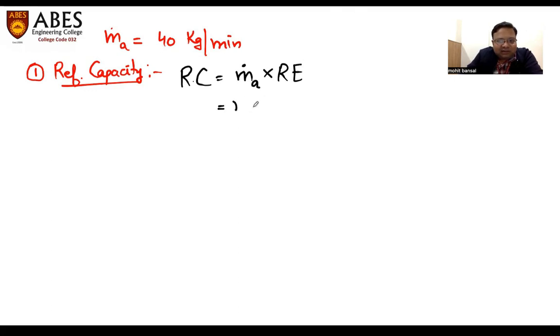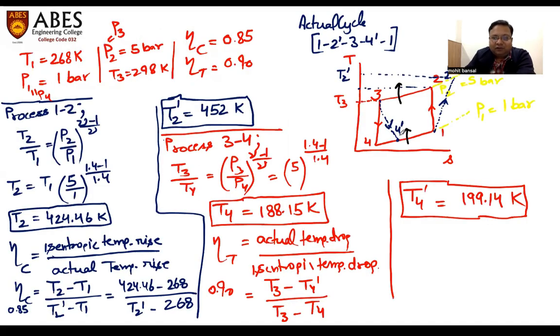So mass flow rate of the air is given to us, and this refrigeration effect is in the process 4-1. In the actual cycle, the refrigeration or the cooling effect which we are able to get in the refrigerator is happening in this 4-1.